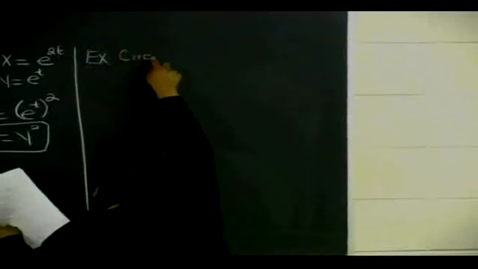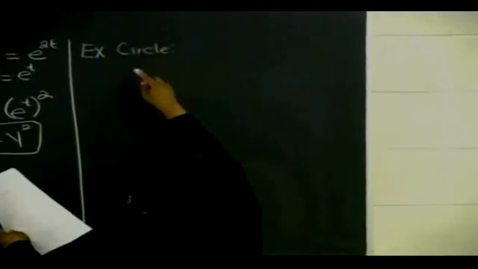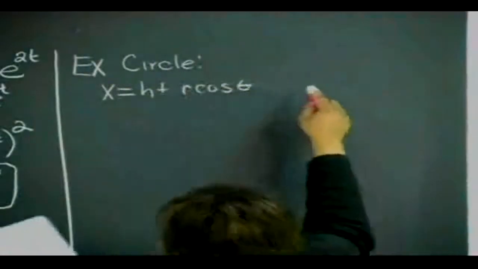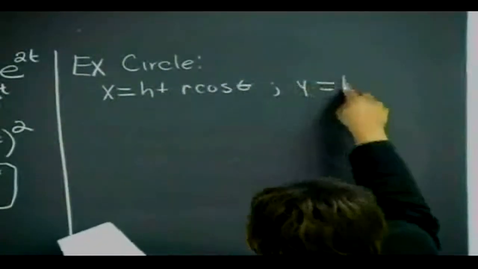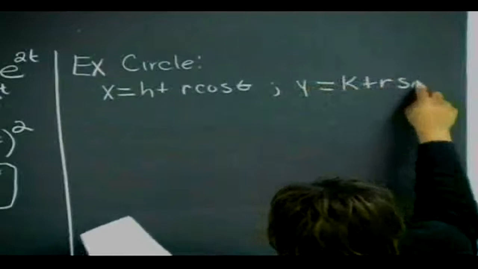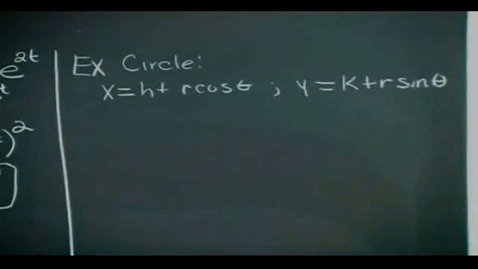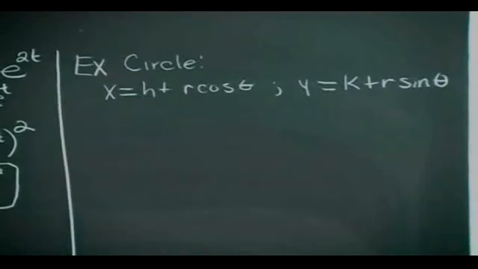So let's look at still eliminating the parameter. And this is a circle example. We have parametric equations x equals h plus r cosine theta, and y equals k plus r sine theta. And I want to eliminate the parameter to get the standard form for a circle.